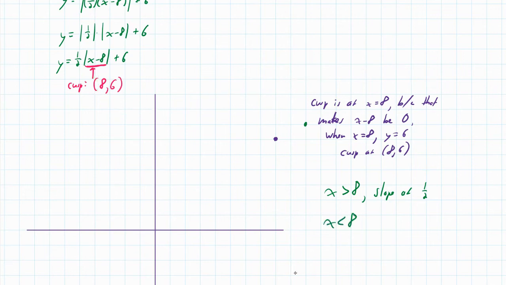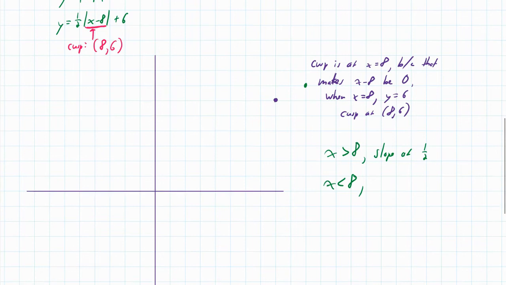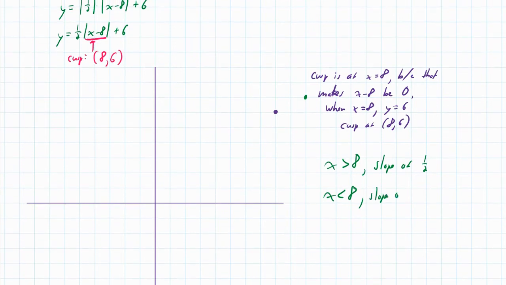When x is less than 8, plugging in negative numbers for x gives the same result as the positive number. So I'm going to first write that we have a slope of negative 1/2, because if I take this and split it into a piecewise function, right of 8, I'm going to keep the 1/2 times x minus 8 plus 6 whenever x is greater than or equal to 8.